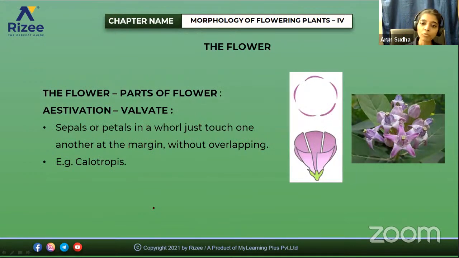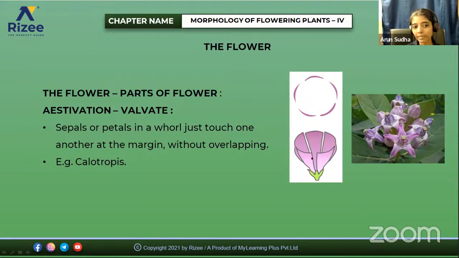If you take the valvate estivation, here the sepals or petals in a whorl just touch one another at the margin without overlapping. So if you see the structure, these are the different sepals or petals. They do not overlap each other. The petals are separated, they are free, they are not connected.